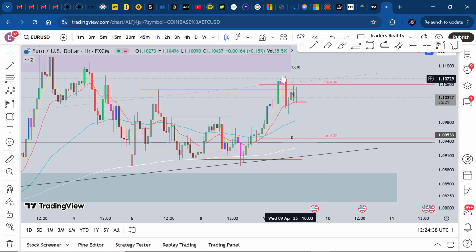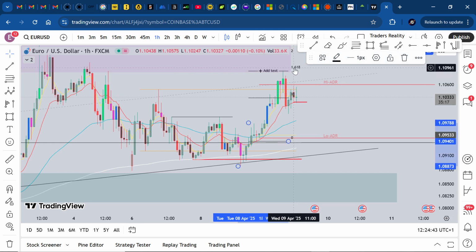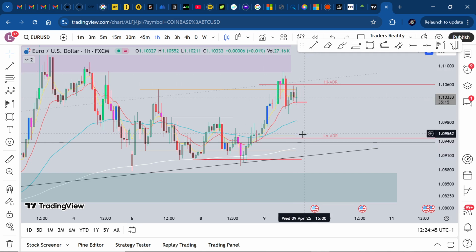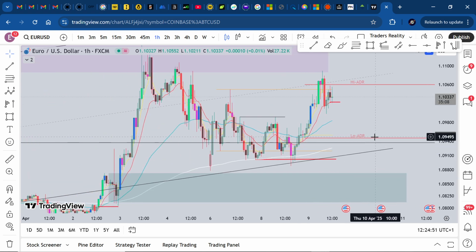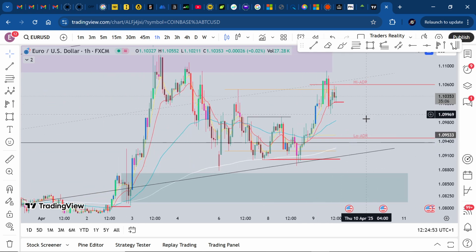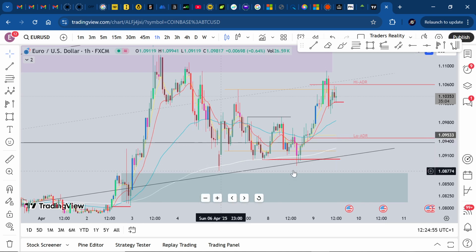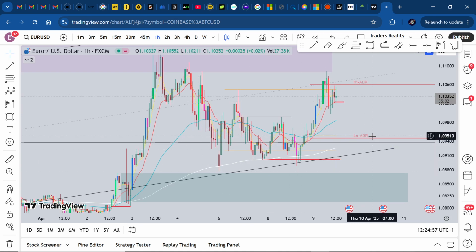If I were to trade euro, but I'm not going to because I'm already in pound, I'd probably sell it down into some kind of demand here. And I wouldn't necessarily try and take it any lower than that. If it pulls back up and taps supply without taking this low and I see a distribution, yes, I'll definitely take that sell back down into the demand.